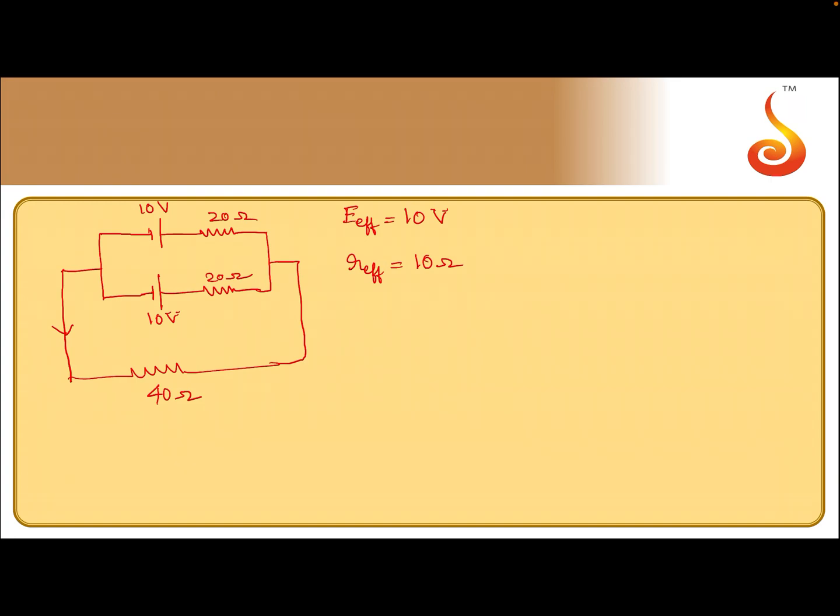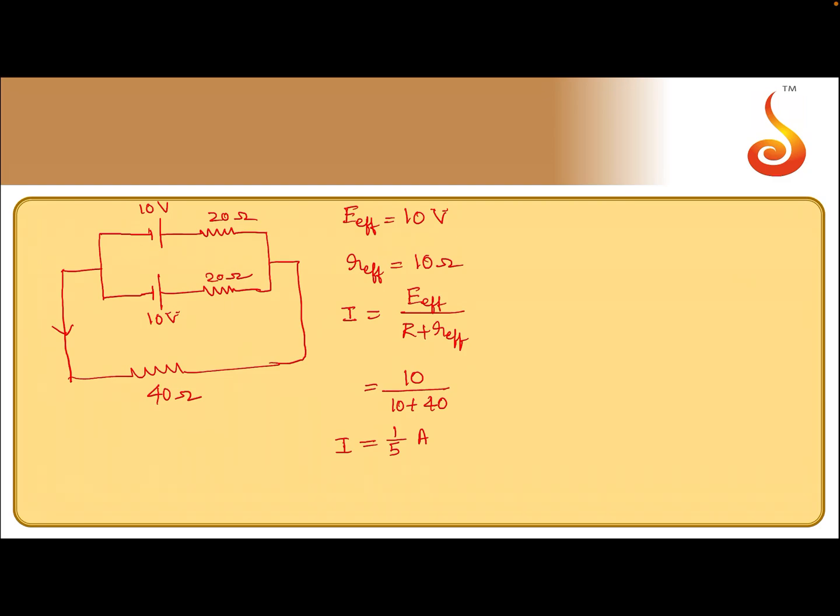Right? Now the current drawn from the battery should be equal to the effective EMF divided by the external resistance plus the effective internal resistance. So it should be 10 divided by 10 plus 40. That should be 10 by 50, that is 1 by 5 ampere.